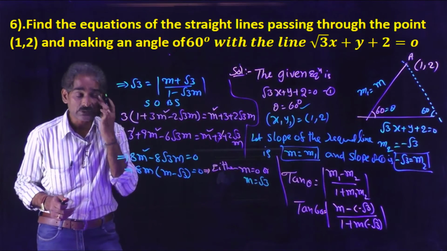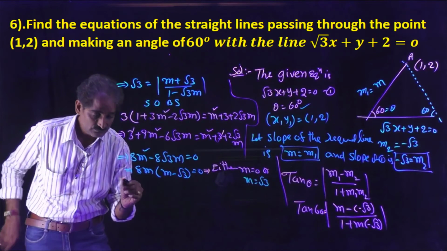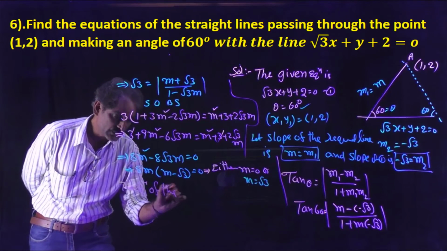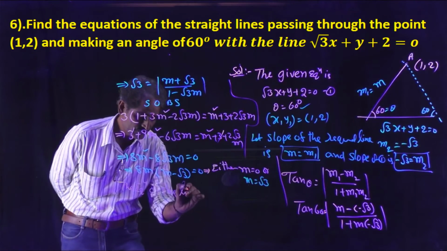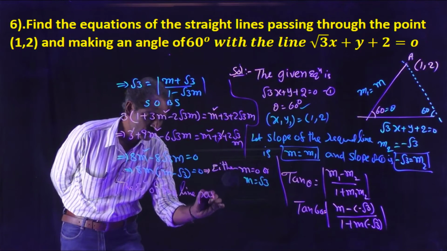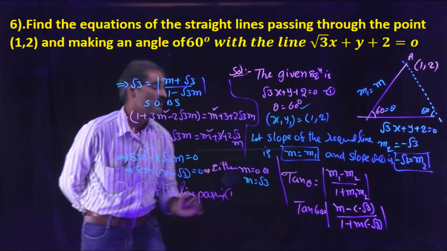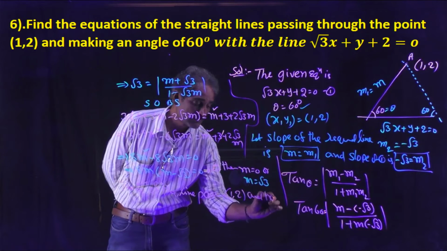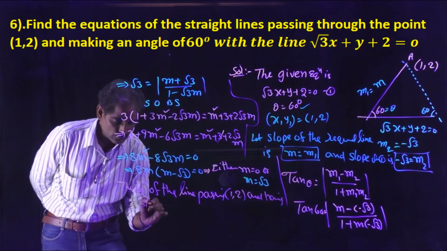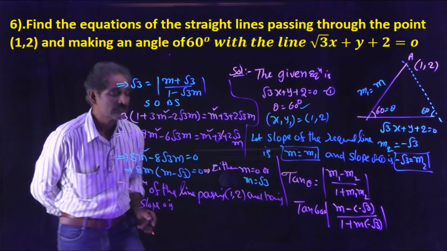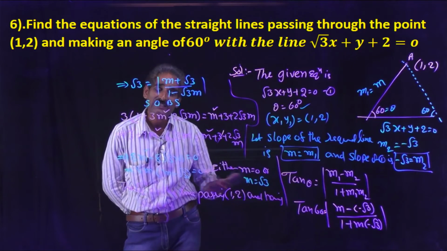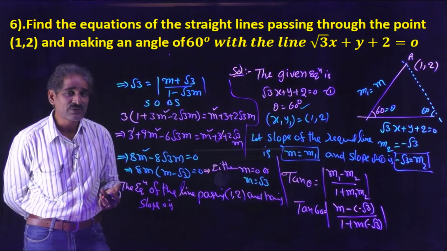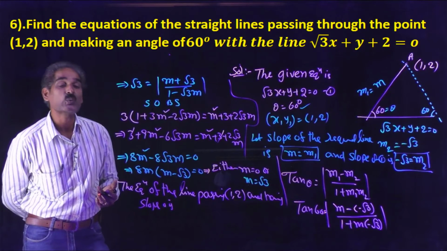Now the equation of the required line passing through (1, 2) and having slope 0. Slope 0 means a horizontal line. Any horizontal line passing through (x1, y1) is in the form y is equal to y1.